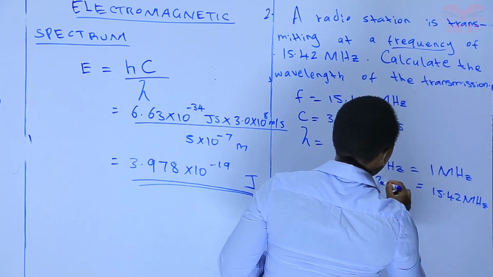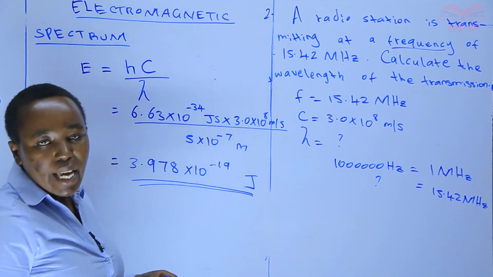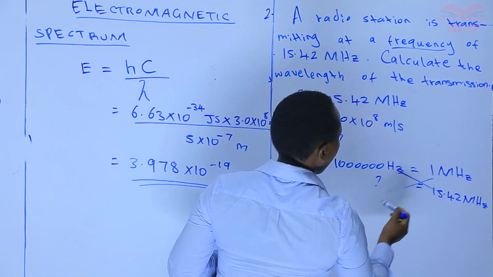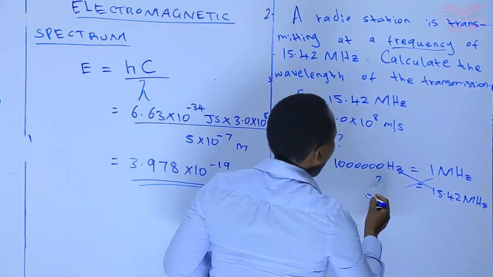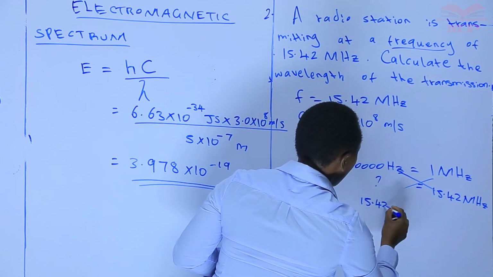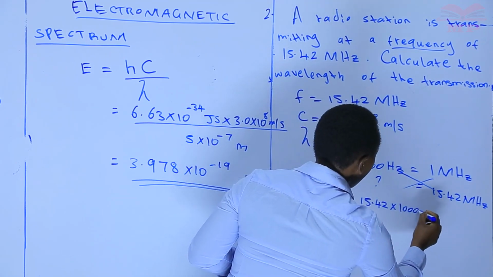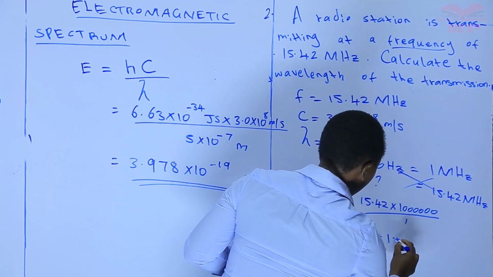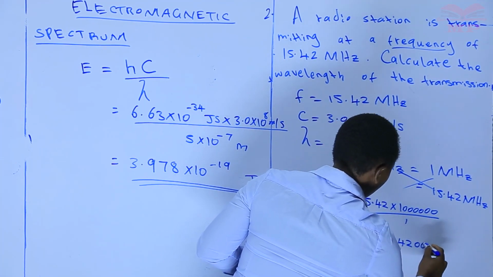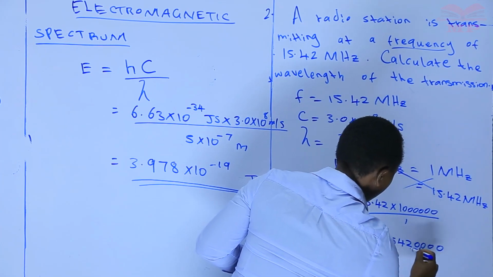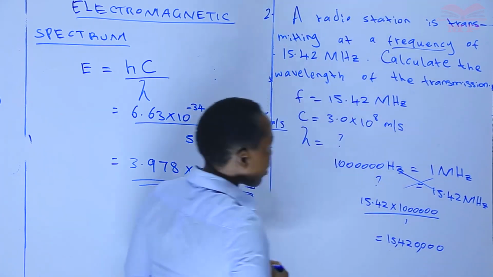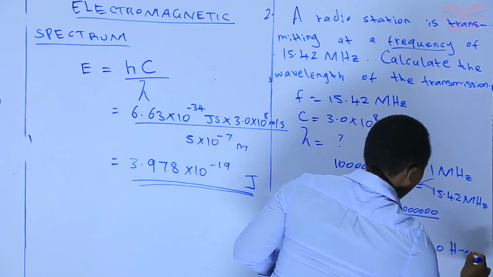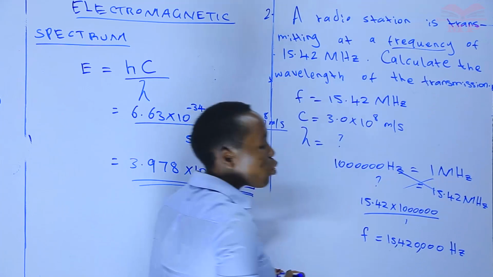We need to convert this to hertz, which is the SI unit of frequency. So we have a million multiplied by 15.42 divided by 1. So that will be 15,420,000 hertz. That is the frequency that we are going to use.